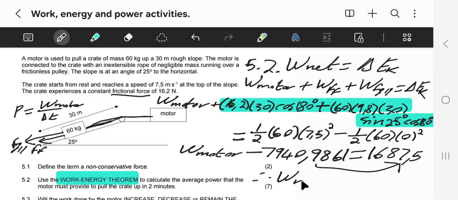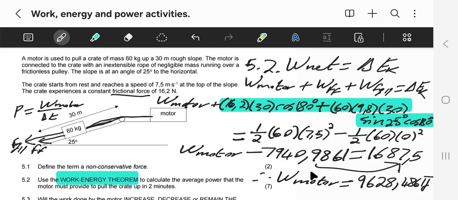Therefore, the work done by the motor is going to be equal to, so what I'm saying is this 1687.5, which is still on the calculator, plus 7940,9861, and the value I get is 9628,4861, and the unit here is what?